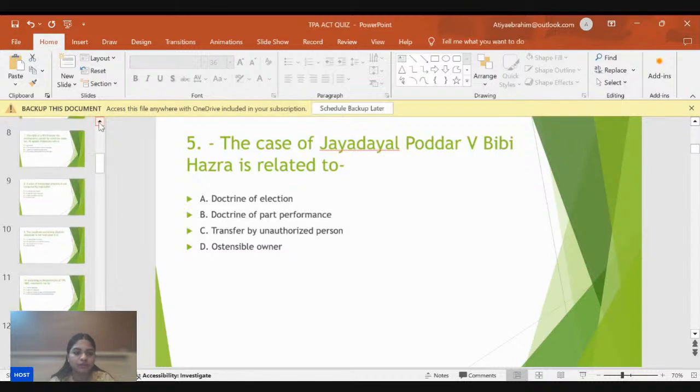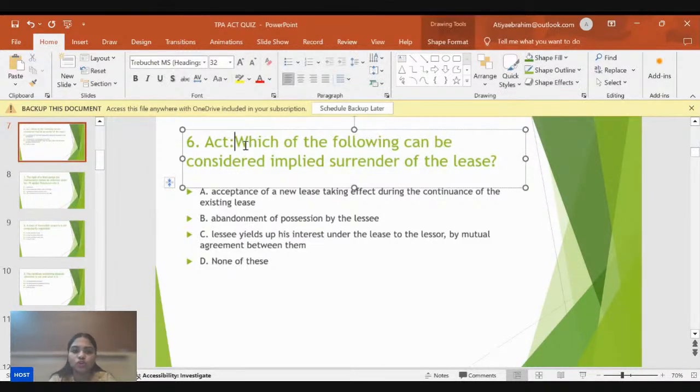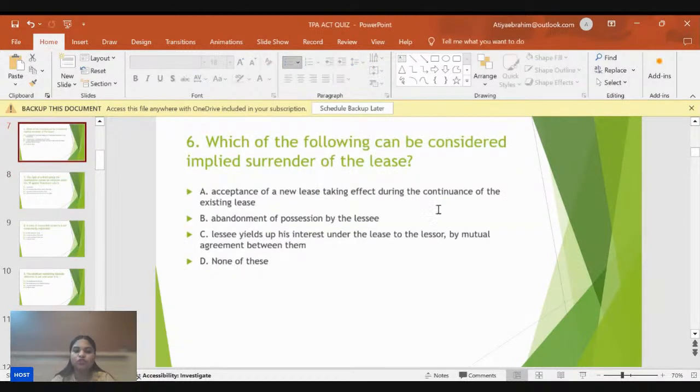I'll show you question number 6. Now tell me, which of the following can be considered an implied surrender of the lease? Option A, acceptance of a new lease taking effect during the continuance of the existing lease.